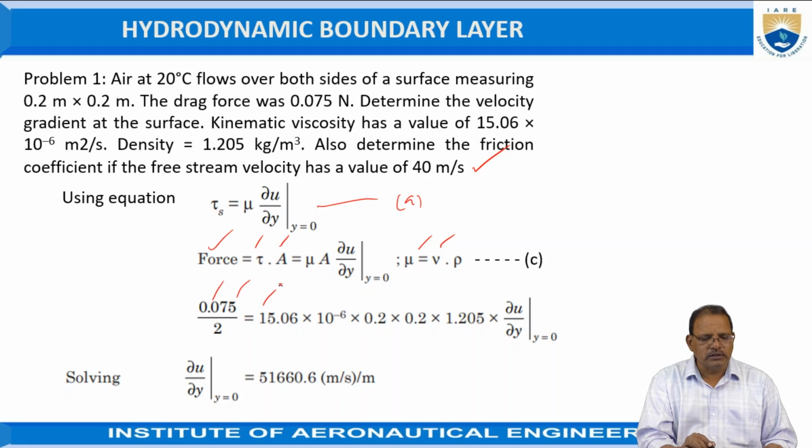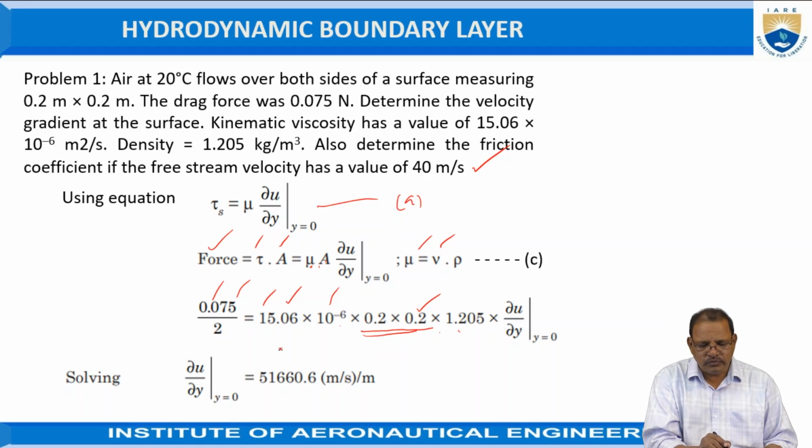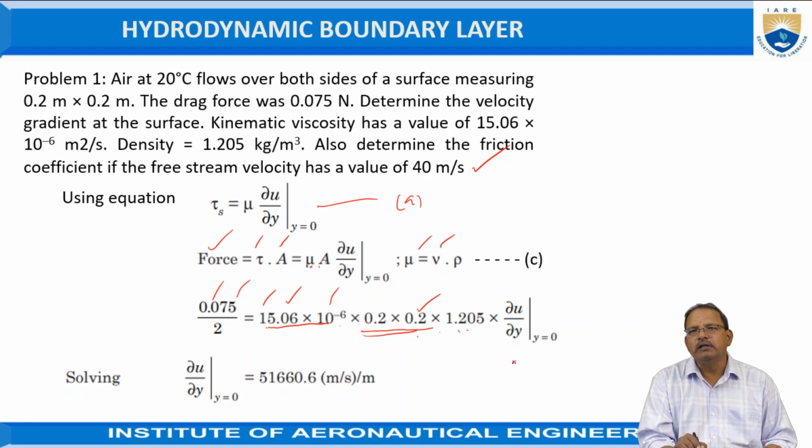The kinematic viscosity is 15.06 x 10^-6 meter square per second, multiplied by the area and the density, 1.205, into du/dy at y = 0.